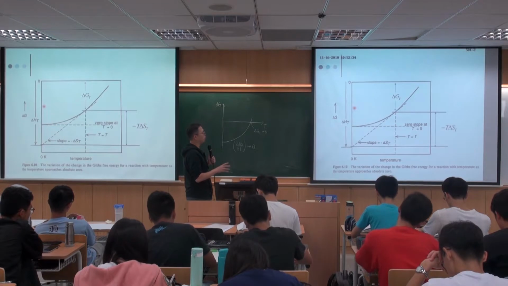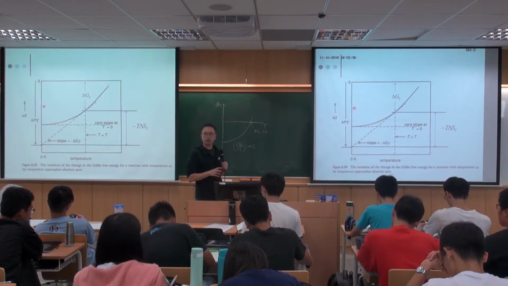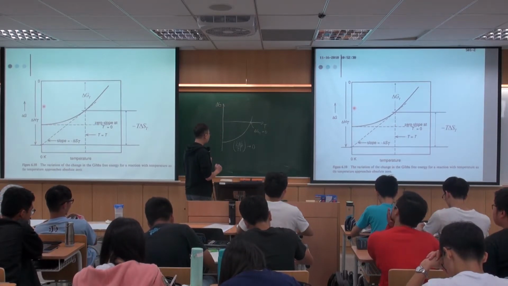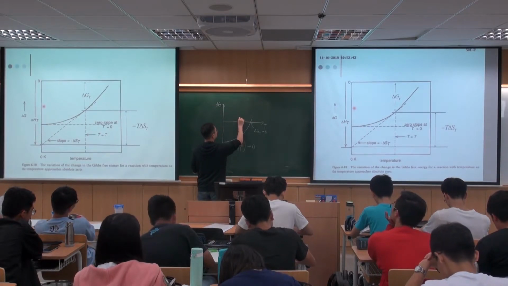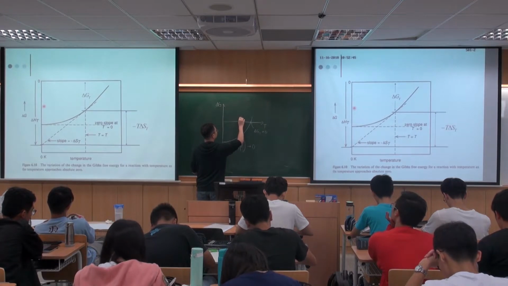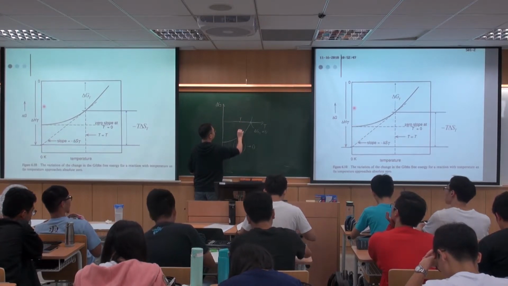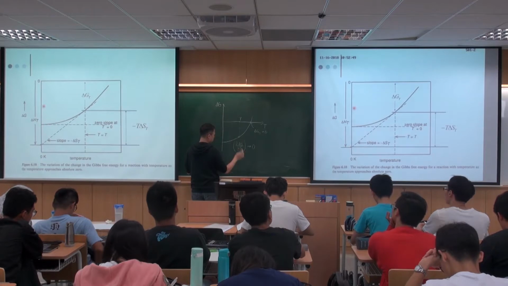But first of all, we need to figure out what is delta H(T) on this plot, right? So let us say we look at some certain temperature here. This point.